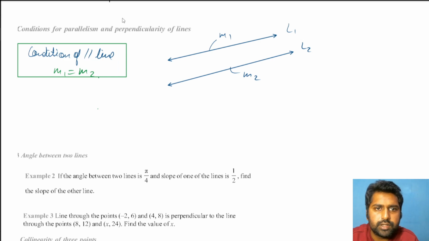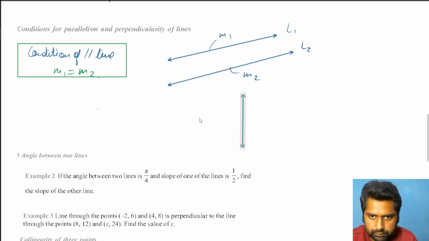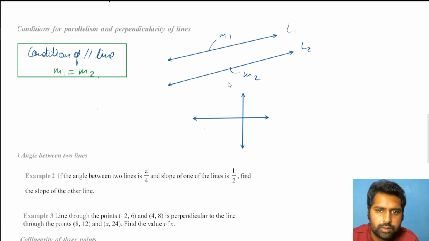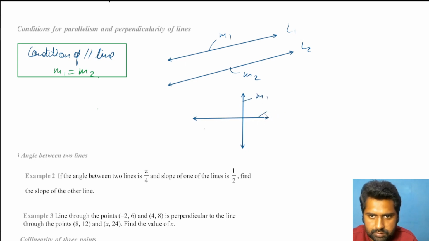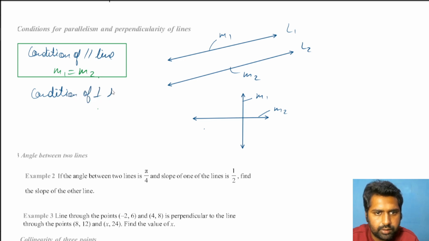Similarly, condition of perpendicular lines. So let's draw it. Let's say these are the two lines which are perpendicular, slope m1, slope m2. Okay, so the condition of perpendicular lines is m1 m2 equal to -1.